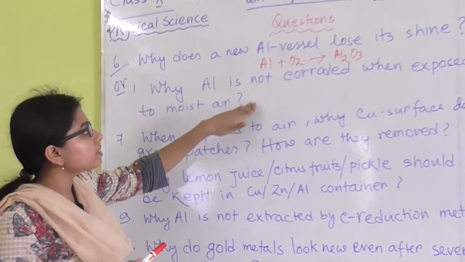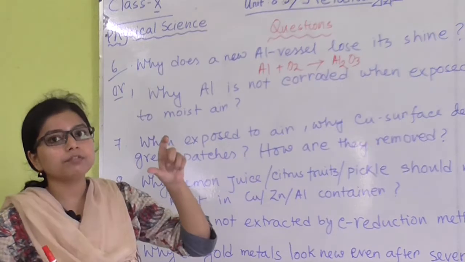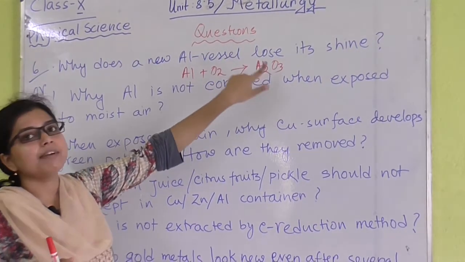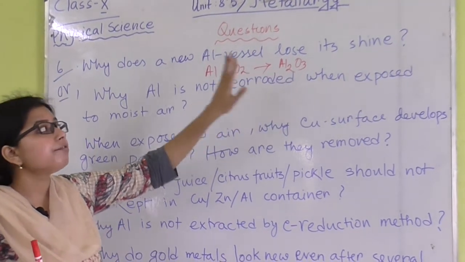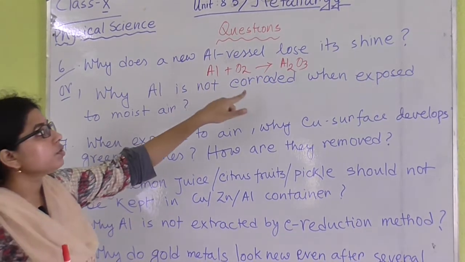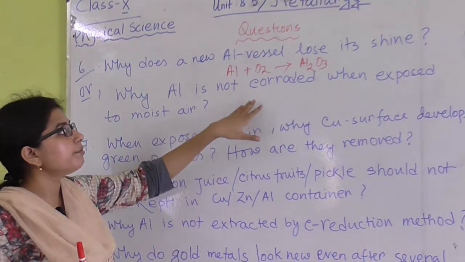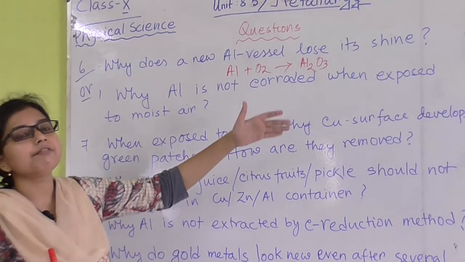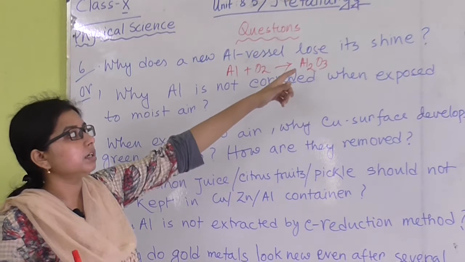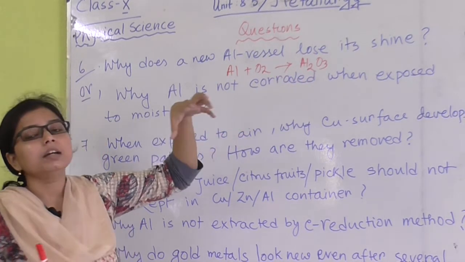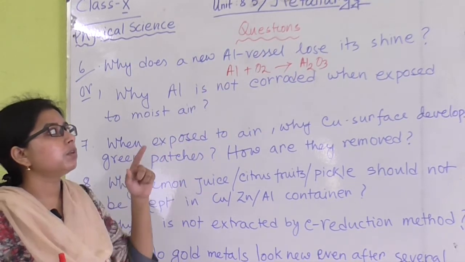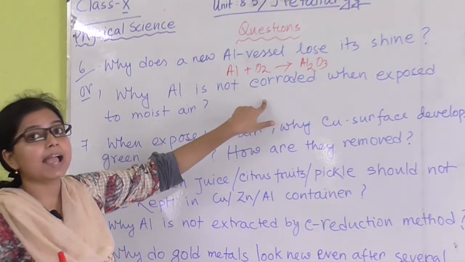Okay. And in case of the next question, we just have to add that this coating of aluminum oxide prevents the further penetration of oxygen over the metal. So this actually prevents further corrosion of the metal. Aluminum oxide normally creates a layer or a coating over the metal, and also there is one thing, that is anodizing.